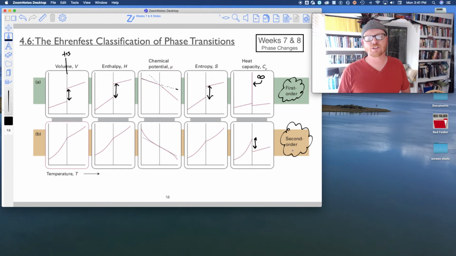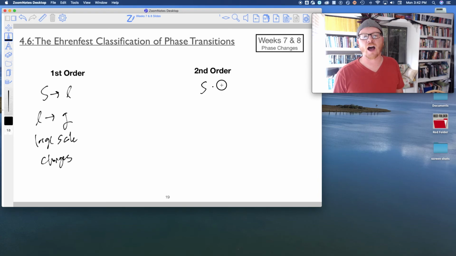So in other words, as you might start guessing, second order phase transitions aren't really these large scale changes. They're actually like solid to solid transitions, like from one crystal structure to another crystal structure. Perhaps from a BCC unit cell to an FCC unit cell might be a second order phase transition.